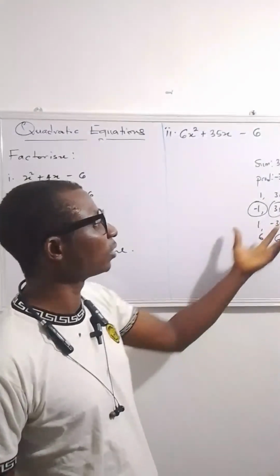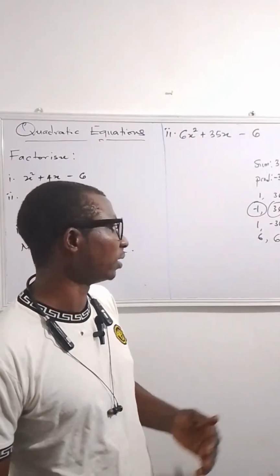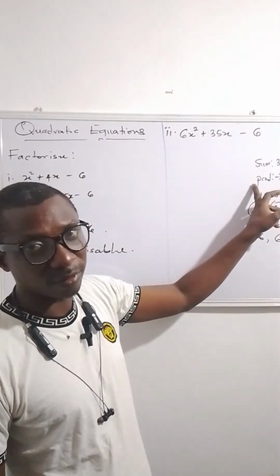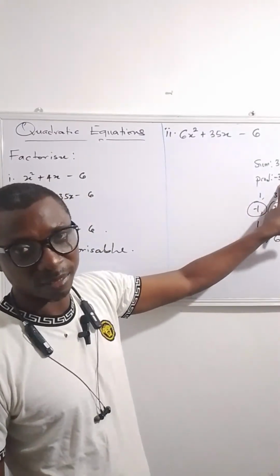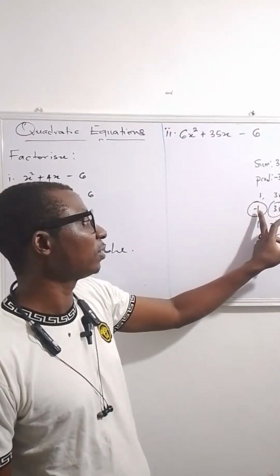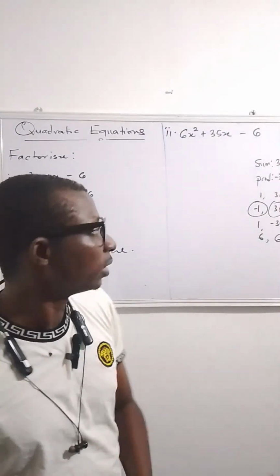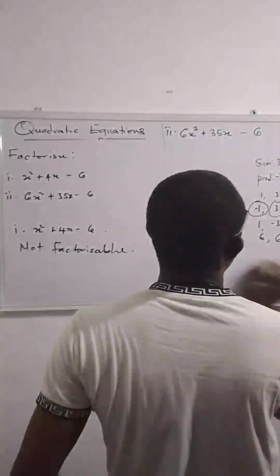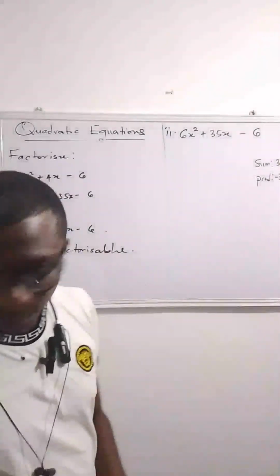Any number you suggest, you try and see its validity. If it satisfies what we have here, when you say minus 1 times 36, you have minus 36, and when you add minus 1 and 36 together, you have 35. So the two numbers are minus 1 and plus 36.